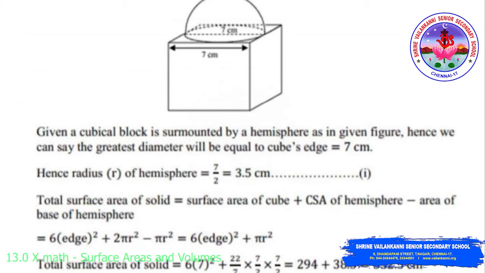Substituting the value of the side and the radius of the circle, we get total surface area of the solid is equal to 6 into 7 squared plus pi r squared, which is 22 by 7 into 7 by 2 into 7 by 2. Further simplifying, I will be getting 294 plus 38.5, which is equal to 332.5 centimeter square.